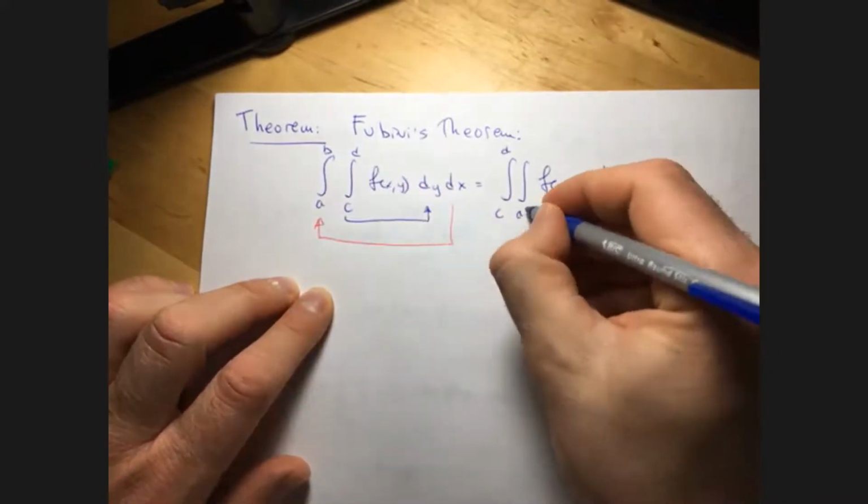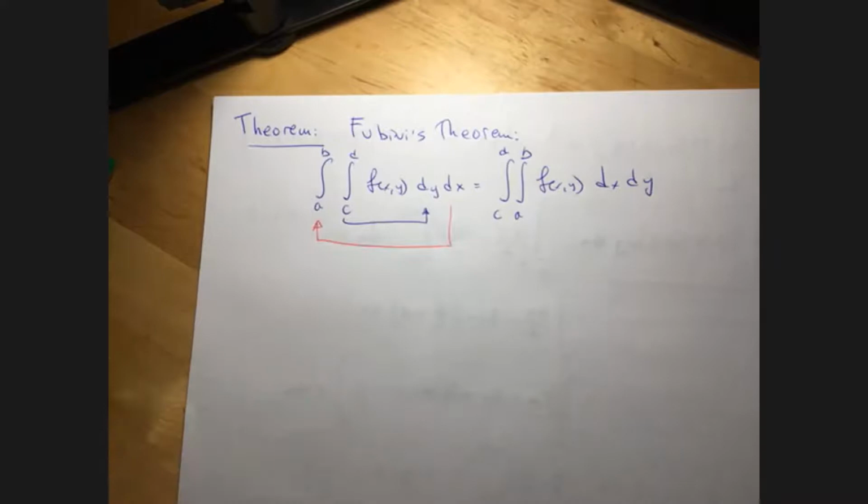So that's Fubini's theorem, and it doesn't matter what order you choose, the result is going to be the same. What matters is what is going to be easier for you to evaluate. So let's do a few examples.